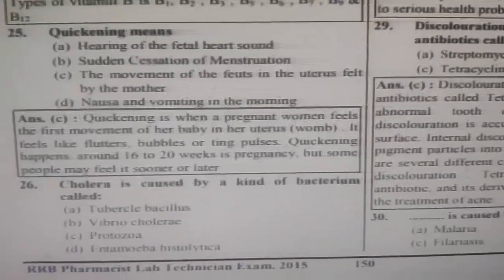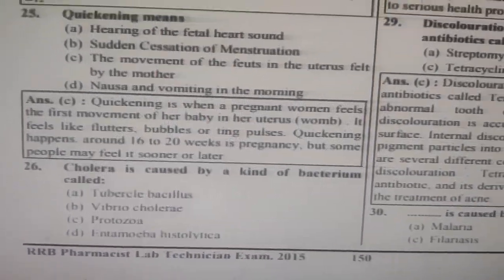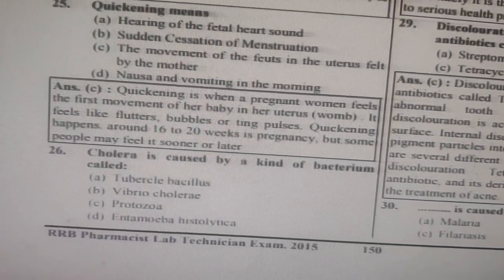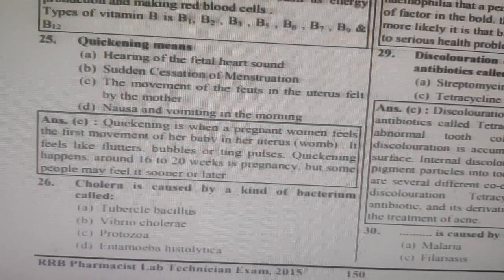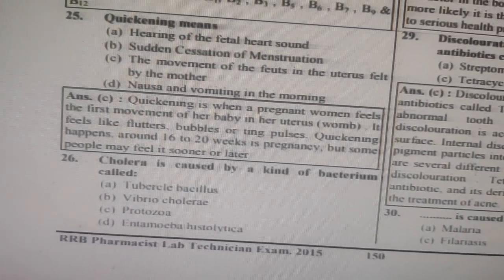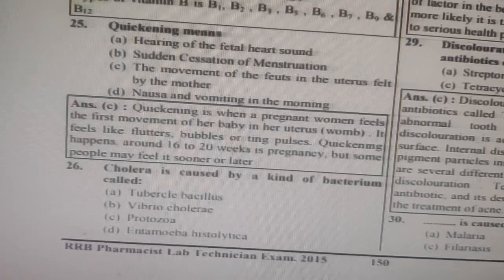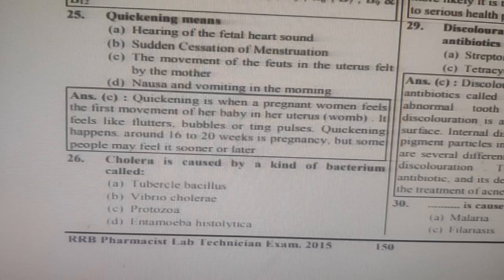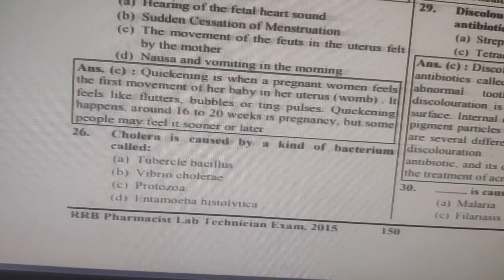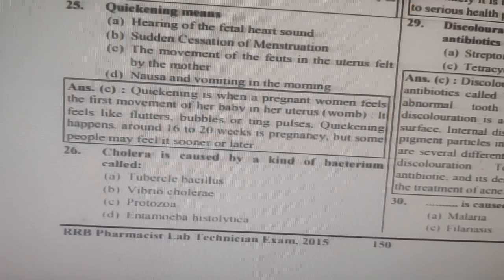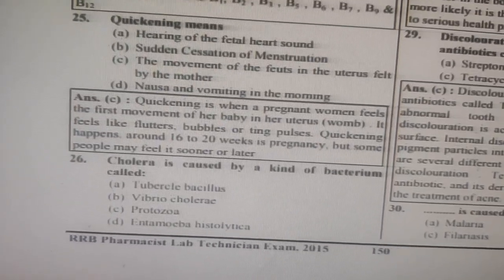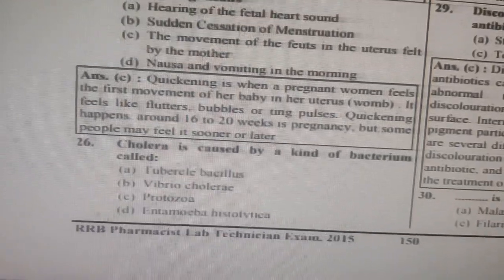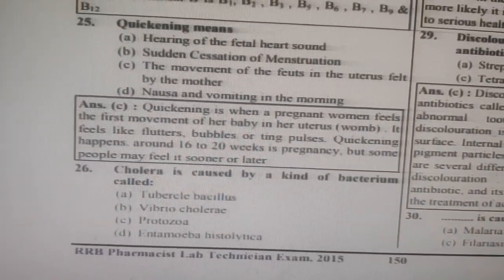Quickening is when a pregnant woman feels the first movement of her baby in her uterus. It feels like flutters, bubbles or a light pulse. It happens around 16 to 20 weeks of pregnancy, but some people may feel it later.